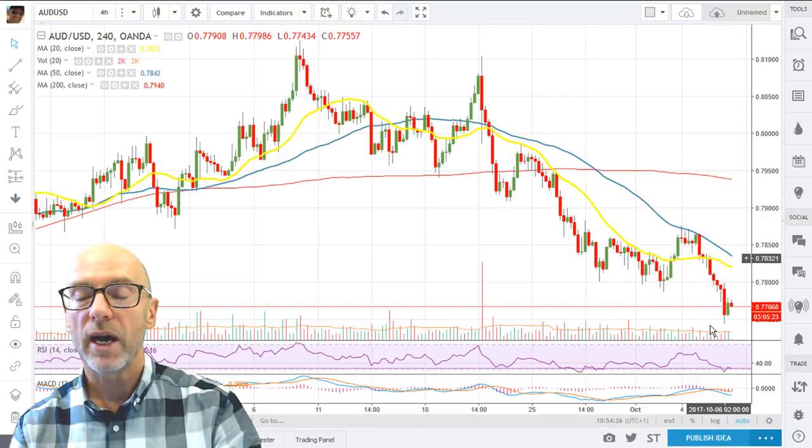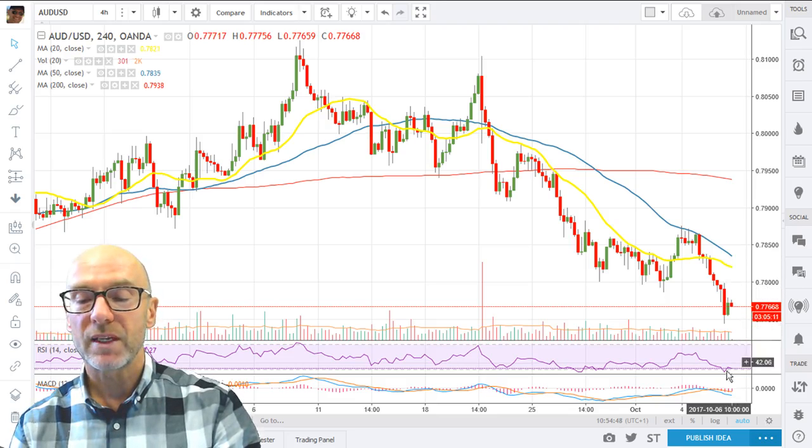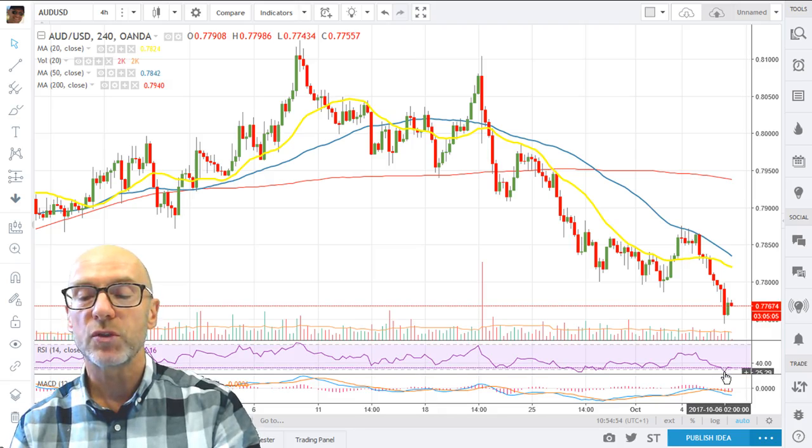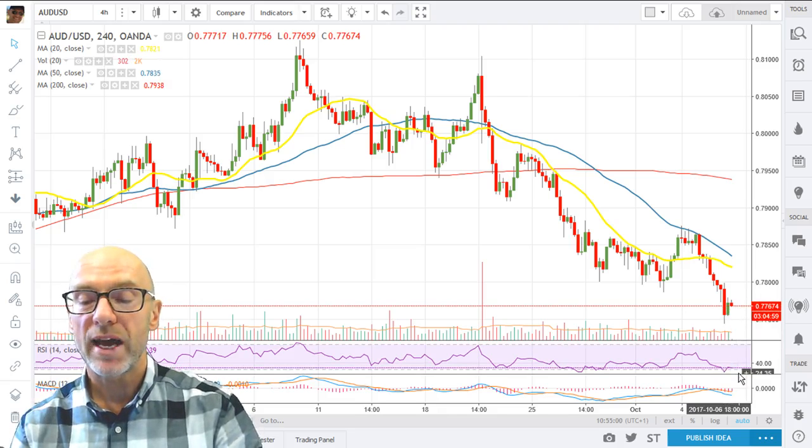On the 4-hour, again we're getting slightly overextended away from the shorter term 20 and 50 averages on this 4-hour chart. RSI again did look oversold, it went to 25.29. We've just rallied this morning, so let's keep an eye on that.